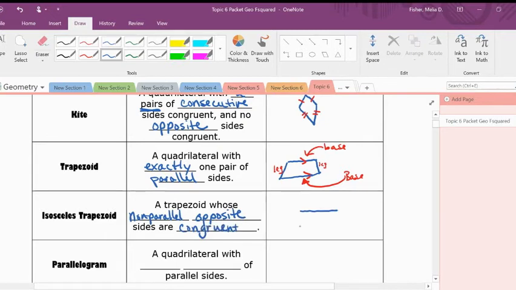So that means here's our parallel sides, but then these legs are congruent.